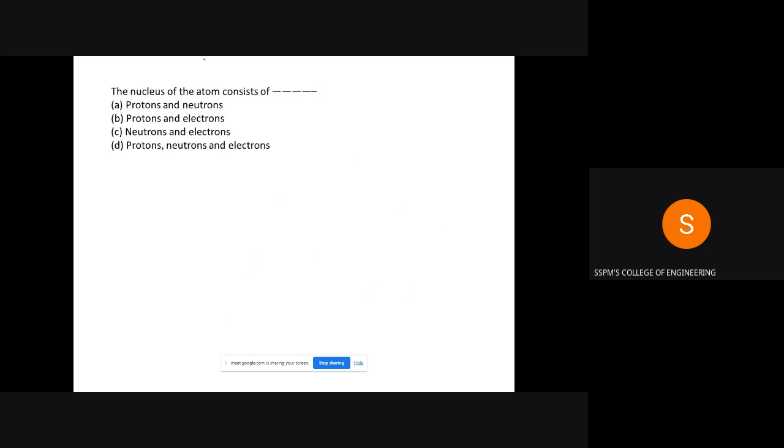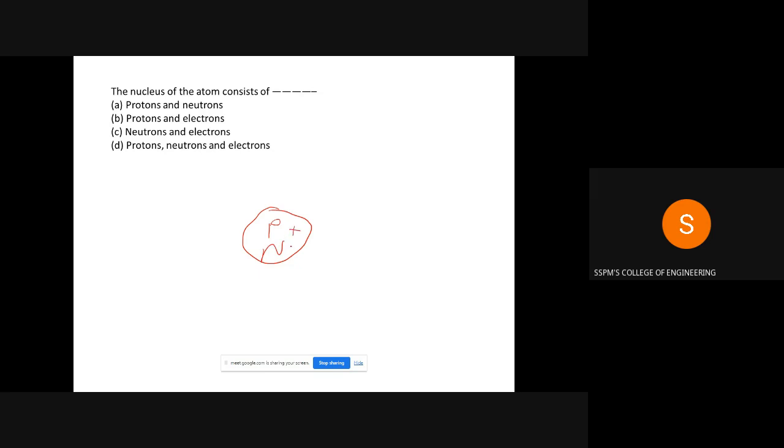Then the nucleus of an atom consists of what particles? According to Bohr's model, which is a well-accepted model, at the center there is a proton and neutron.